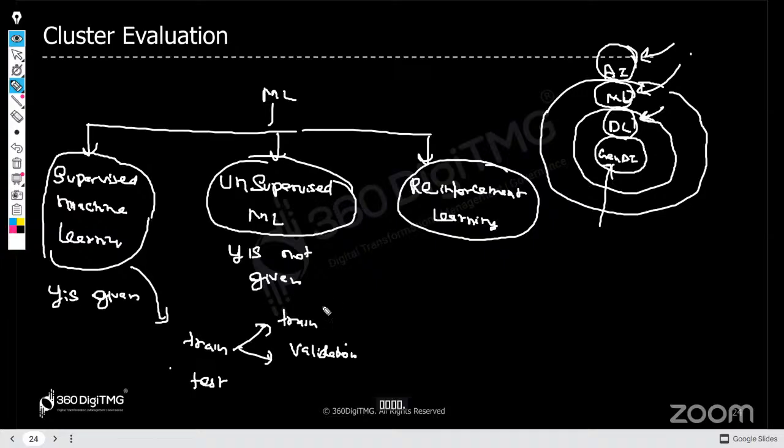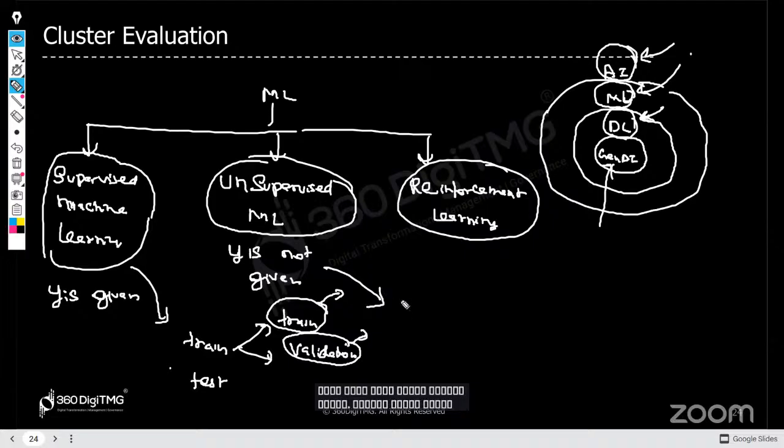Then we feed only the train data to the ML model and go with validation to check the accuracy we are getting. When it comes to unsupervised, we directly feed all the data to the model and it will create clusters of data.